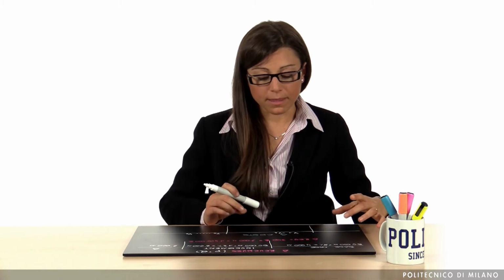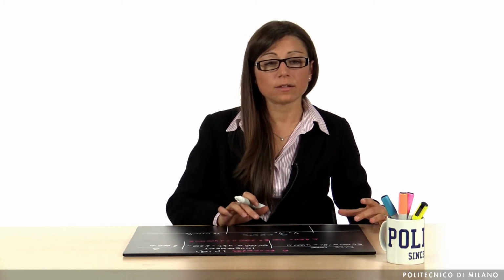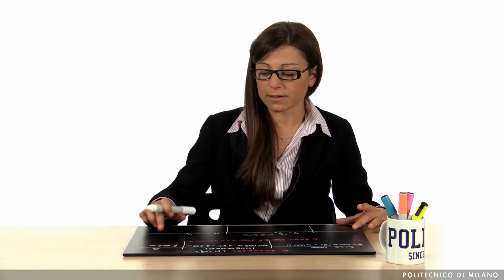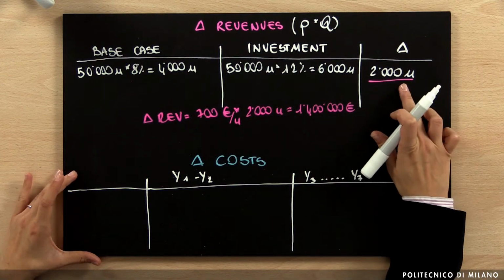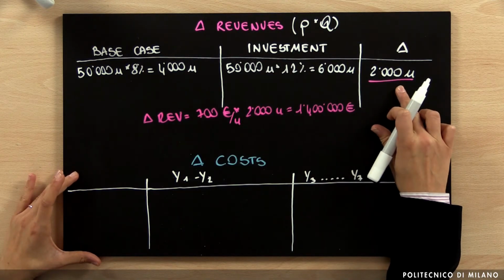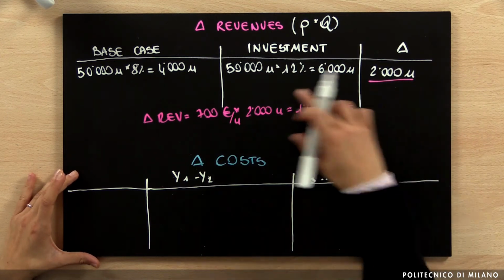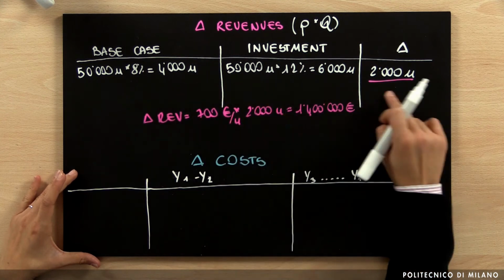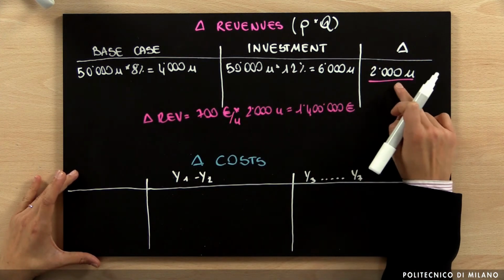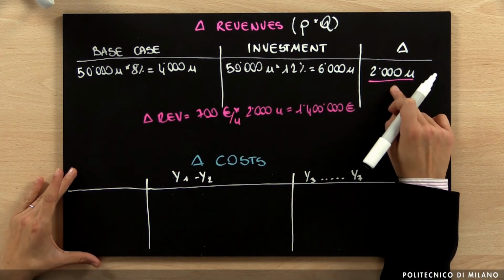Moreover, the variation in the costs is related to 2 different elements. The first one is related to the additional units that the company needs to produce and sell. Given that 2,000 units should be produced in addition with respect to the quantity already produced, we need to consider the additional costs related to the additional volume.